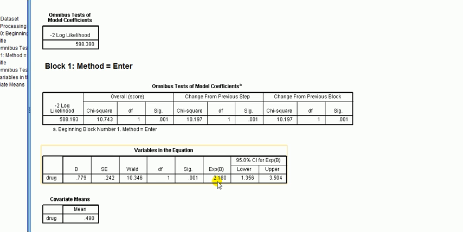So here what we say is that the hazard rate is 2.8, about twice the hazard rate of those without history of drug use.